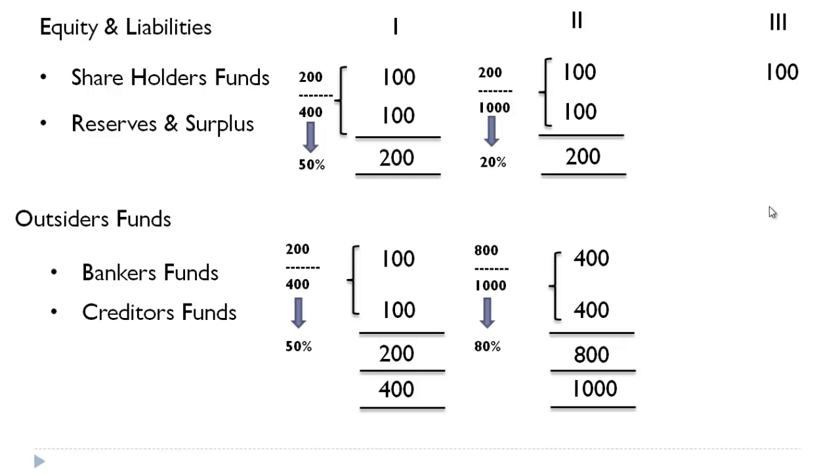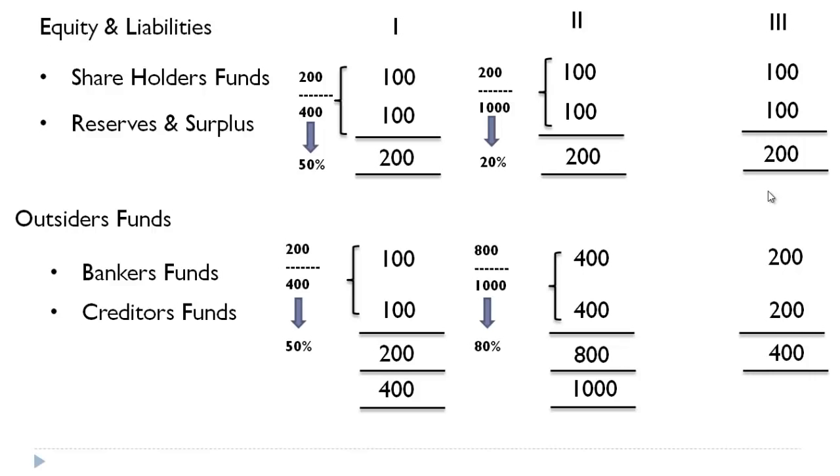In scenario 3, the shareholder funds, that is share capital, is 100, reserves and surplus is 100, so total is 200. Whereas the banker funds are 200, creditors funds 200, total outsiders funds are 400, and total liability is 600. How is it? 200 plus 400, 600. Now this 100 plus 100 is the shareholder funds, which is 200 out of 600.